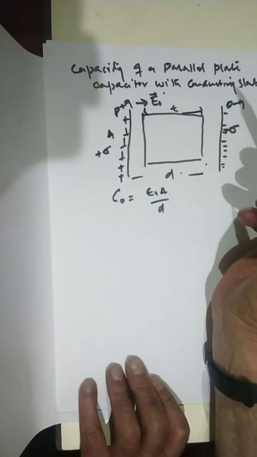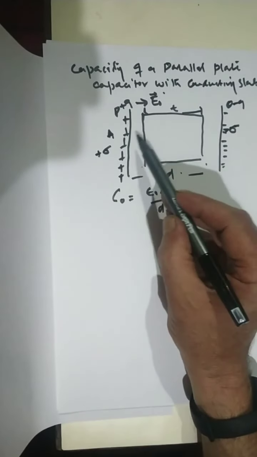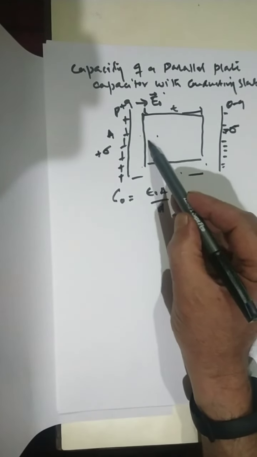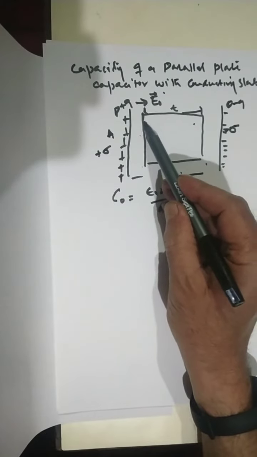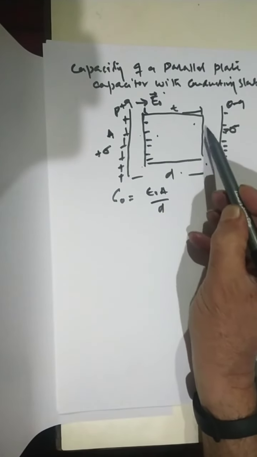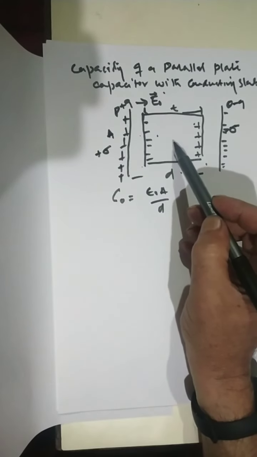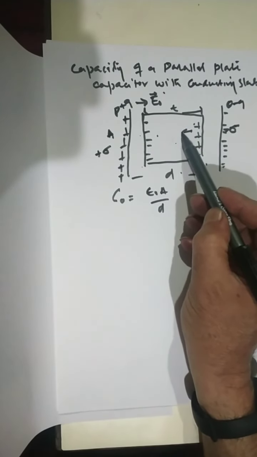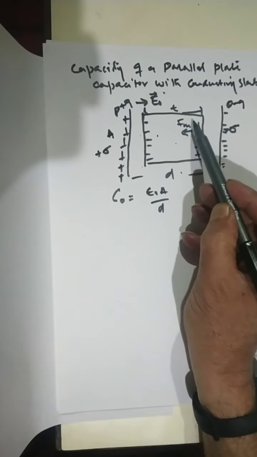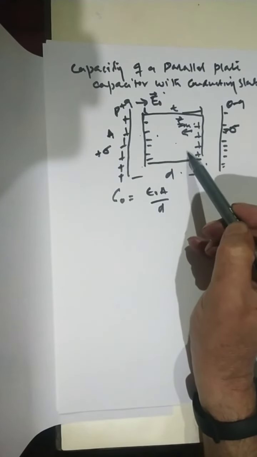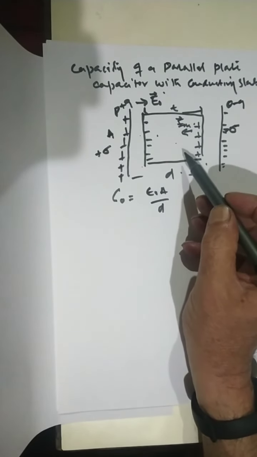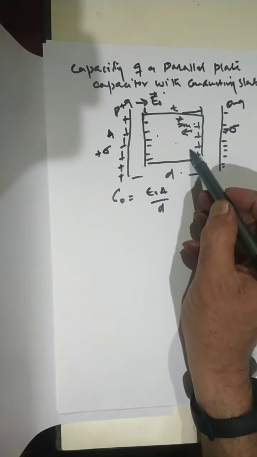Now, we know that because of the external electric field, there will be an induced charge, negative charge density here and positive charge density here. Since this is a conductor, an equal and opposite induced field, E induced, develops inside the conducting slab.